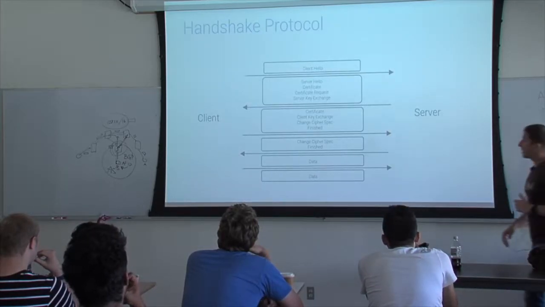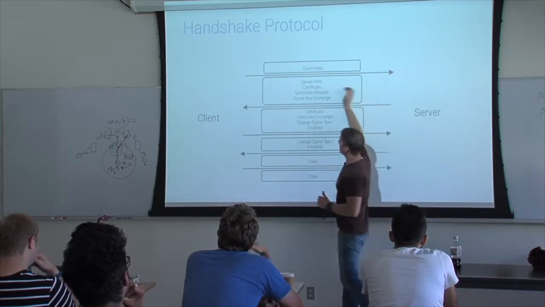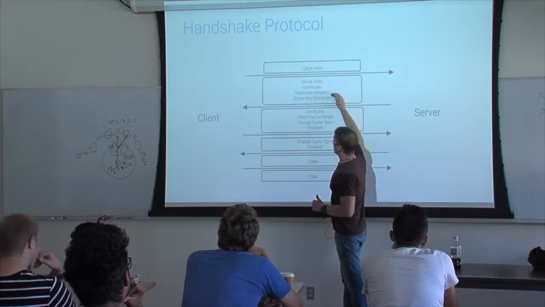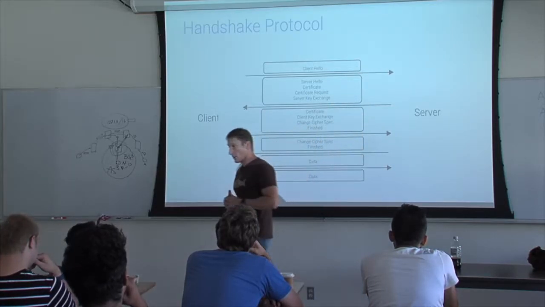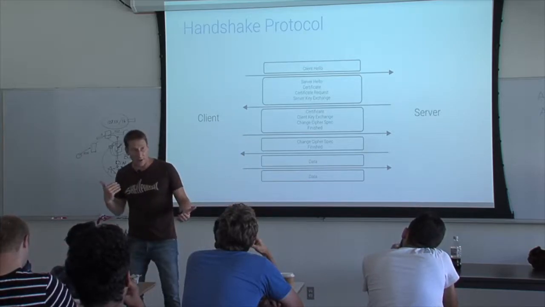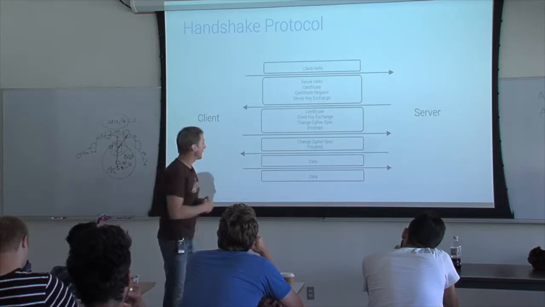This is the handshake protocol. The client says hello. The server will say, oh, I'm the server. This is my certificate. It might also say, hey, I want to authenticate you as well. Some servers might require that, but most servers do not require client-side certificates.